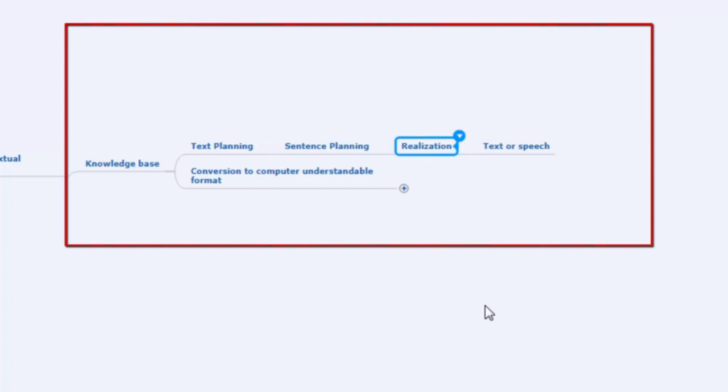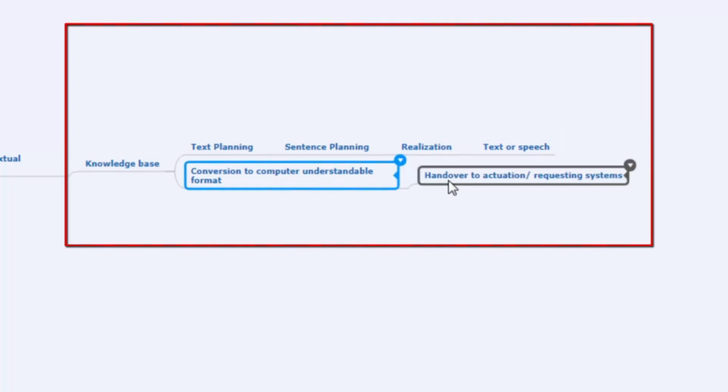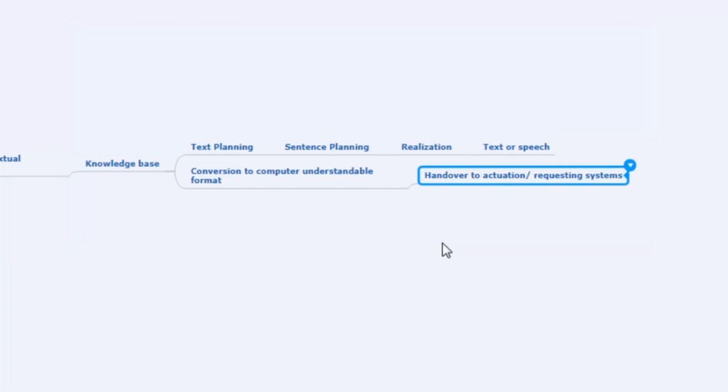One is to actually generate a text or ultimately a speech as a response. For that, the NLP process has to go through a reverse process of text planning, sentence planning, and realization. It can also be sent in another format to a computer and ultimately be handed over to an actuation or a requesting system.